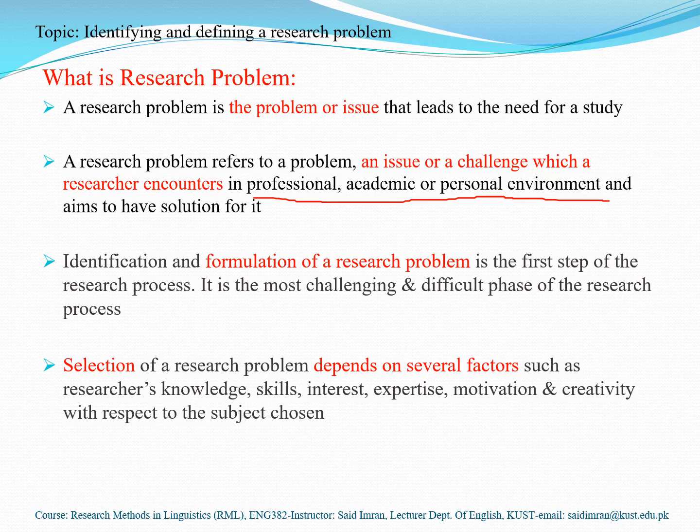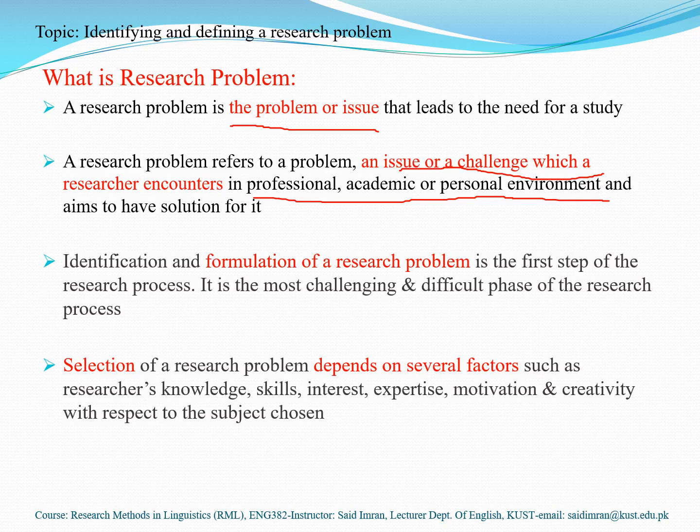Selection of a research problem depends on several factors such as the knowledge, skills, interest, expertise, motivation, and creativity of the researcher with respect to the area chosen. Now, when we are talking about what a research problem is, it is either a problem or issue, it might be a challenge which a researcher or an investigator would face in his or her professional, academic, or personal life.